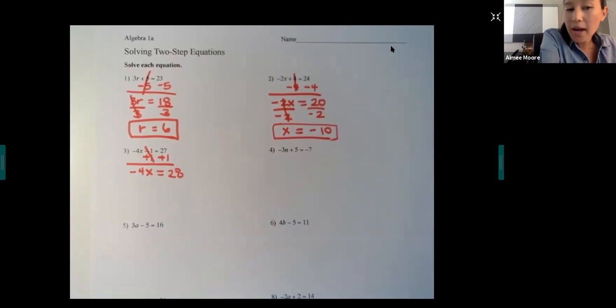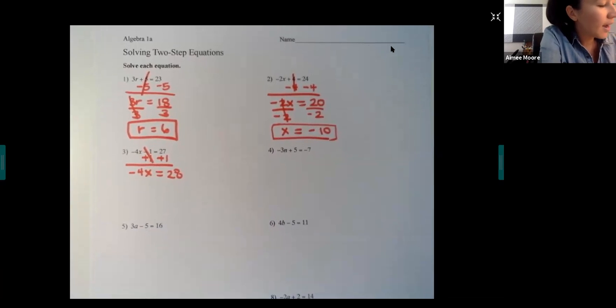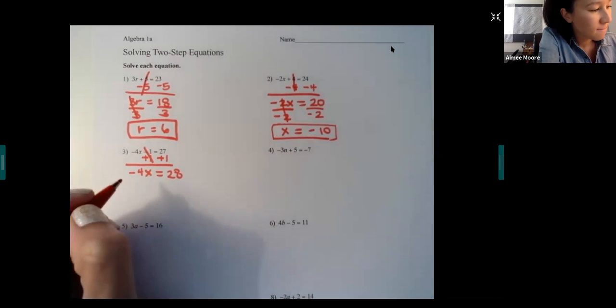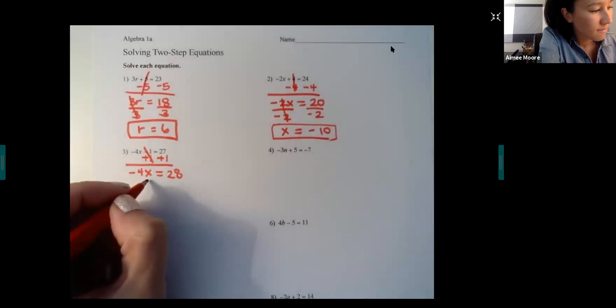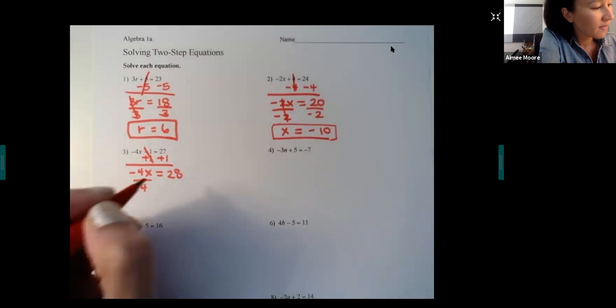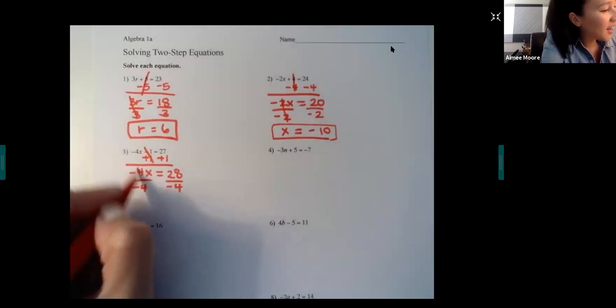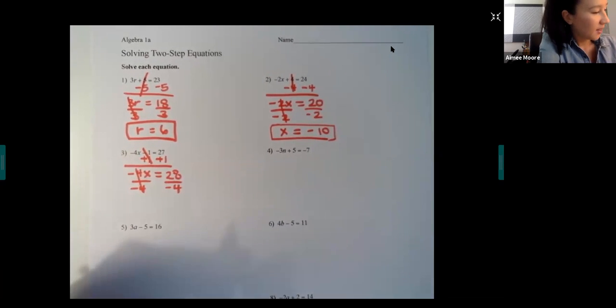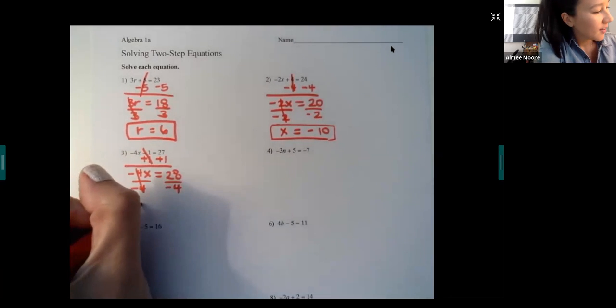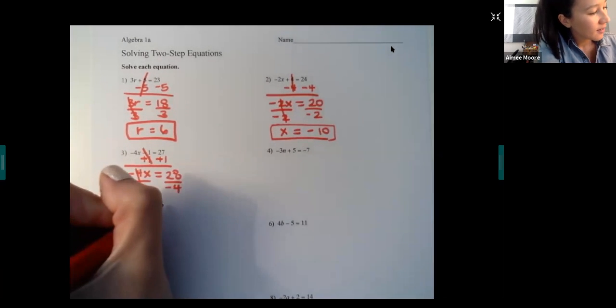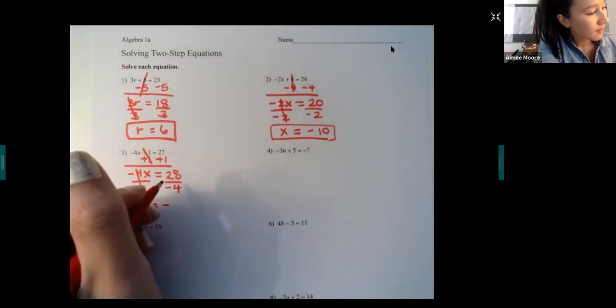Okay, and then Dakota, do you know what I'm going to do next to solve for x? Yes, you're going to divide by negative 4. Excellent. Very good. So then our negative 4's cancel out. And that gives you negative 7.